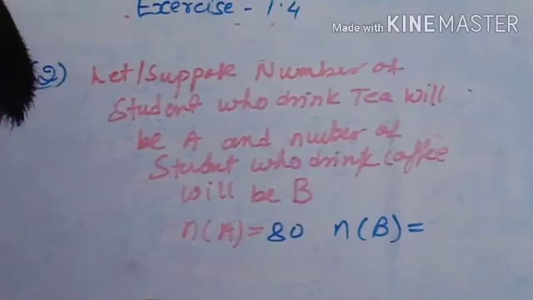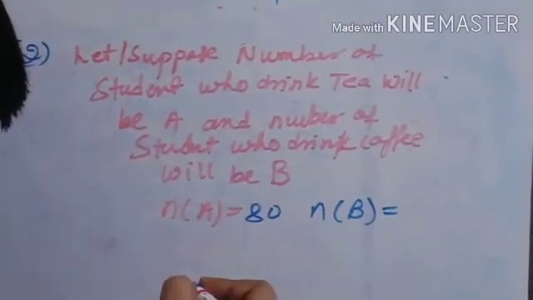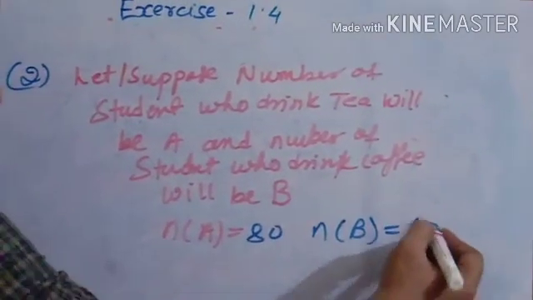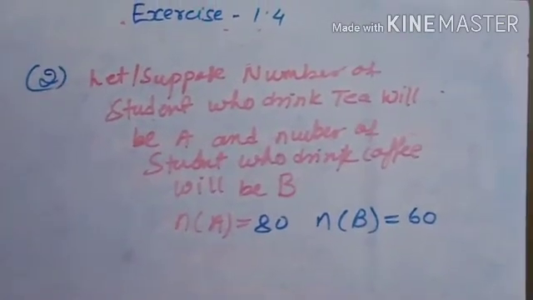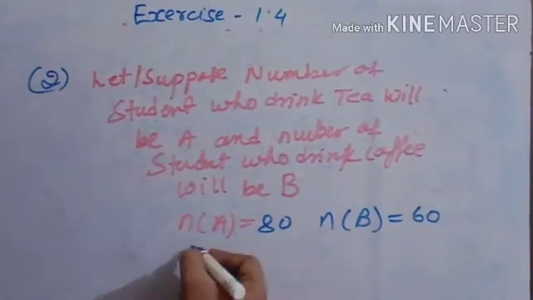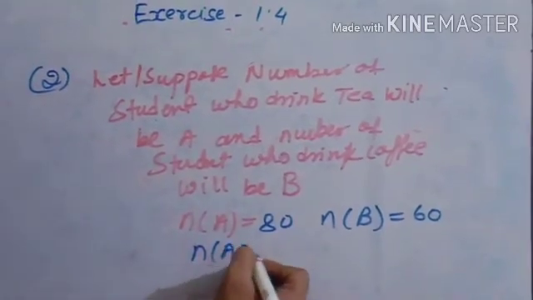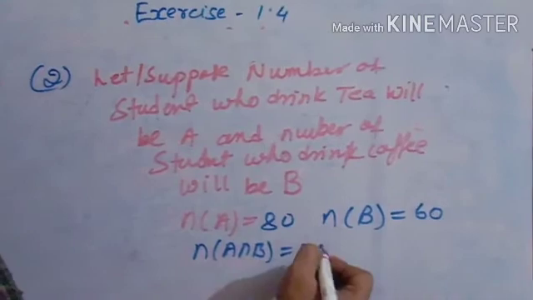Number of B is equal to 60. And 20 drink tea and coffee both. Number of A intersection B is equal to 20.